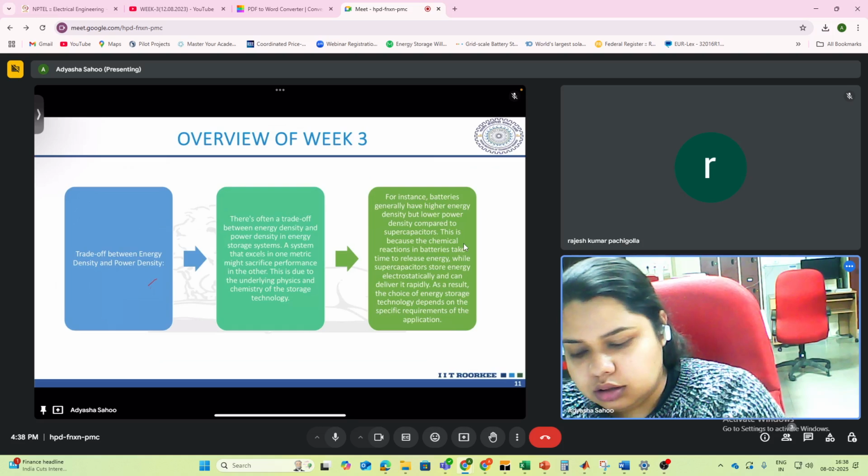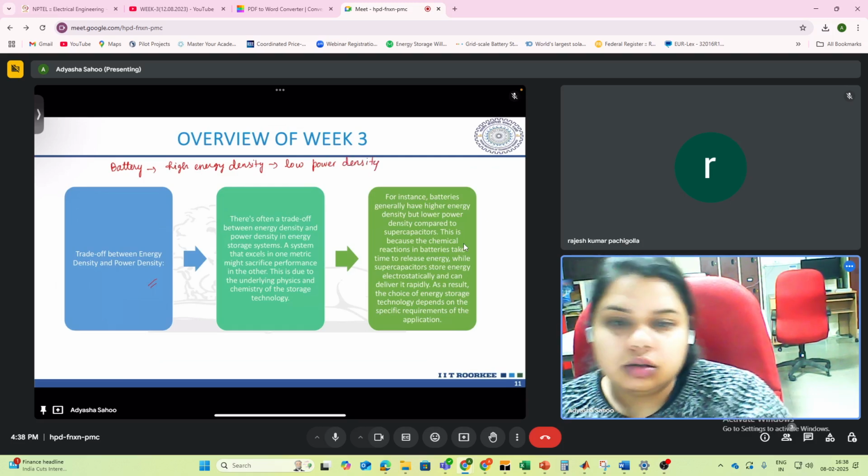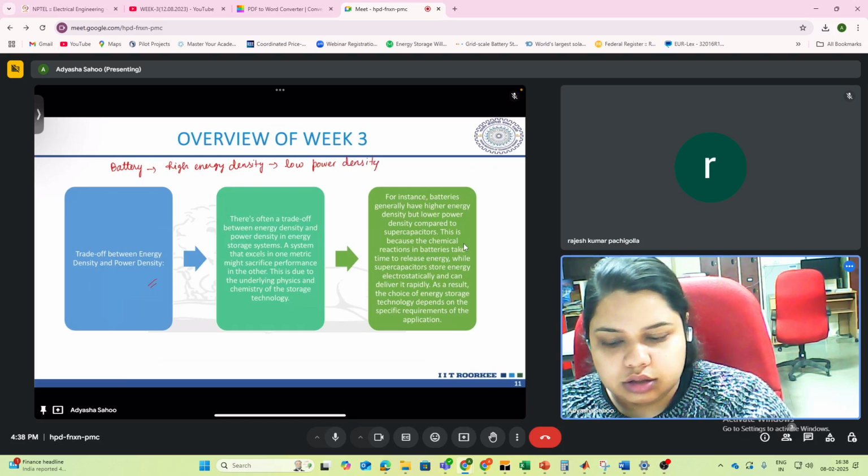Batteries are an example of a high energy density device, high energy density but low power density. That means they can store the energy effectively for longer duration and in a more compact volume, but they cannot charge in a matter of minutes or discharge similarly.